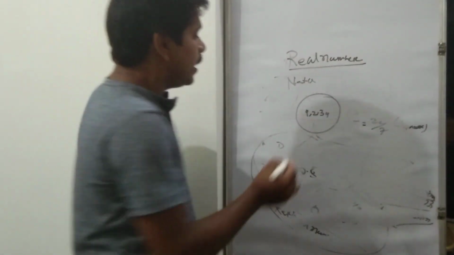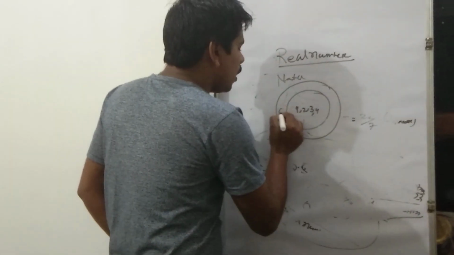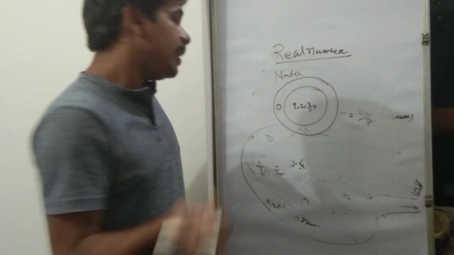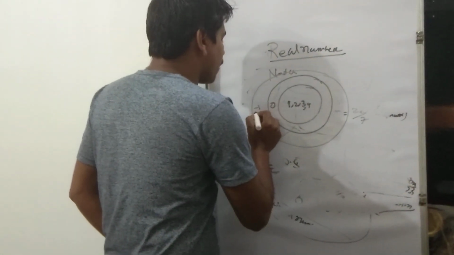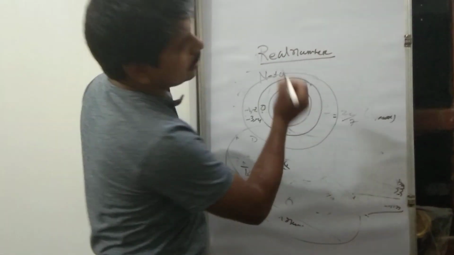Next one is whole number, 0 and all the natural numbers. Next we discussed the integers, that is the negative form, -1, -2, -3, -4, 0.